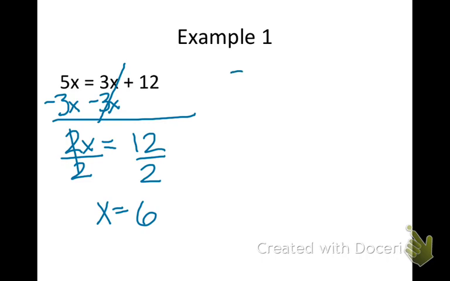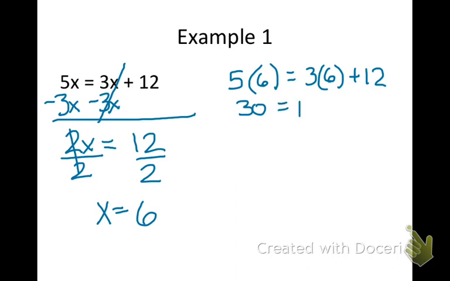To check our work, 5 times 6 will be equal to 3 times 6 plus 12. So 30 will be equal to 18 plus 12, and since 18 plus 12 is 30, we know that our solution is correct.